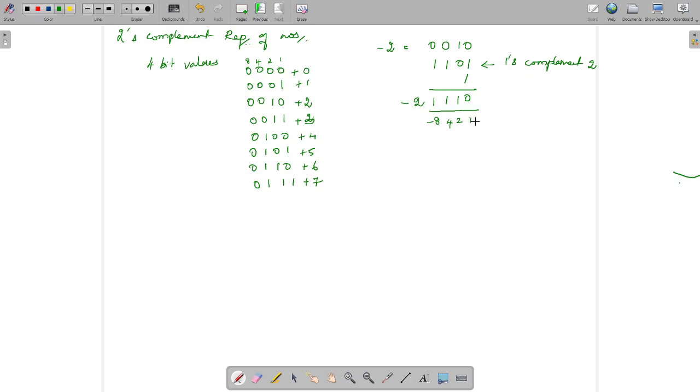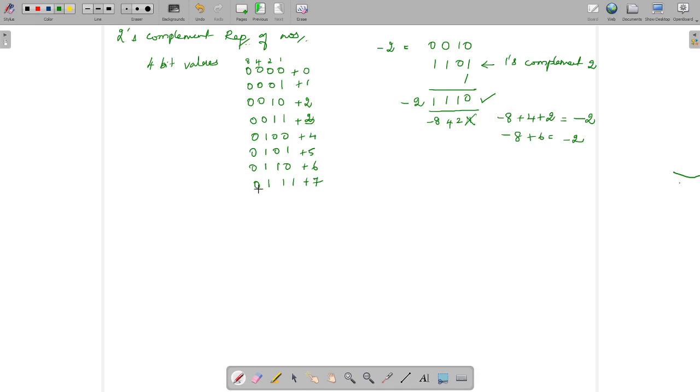So this 1 is attached with 0, so we are not going to consider it, and it is 2 plus 4 minus 8. So minus 8 plus 4 plus 2 sums up to be minus 2. That is minus 8 plus 6, which is equal to minus 2. So this is the right representation of negative 2.